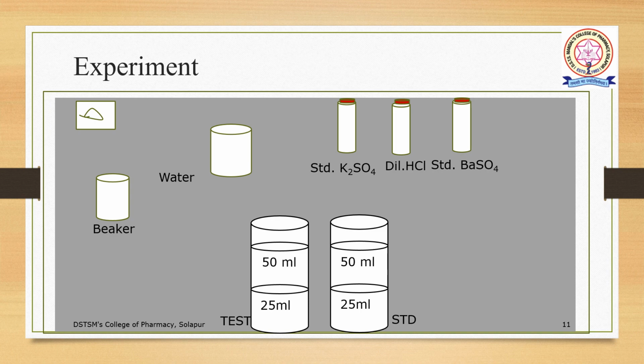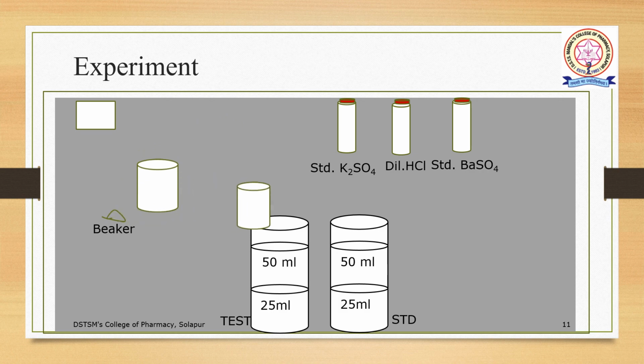Let us see the experiment. Again here we are going to have two Nessler cylinders. One will be designated as test, one will be designated as standard. Now again weigh the sample, dissolve it in water, and transfer it to the Nessler cylinder.